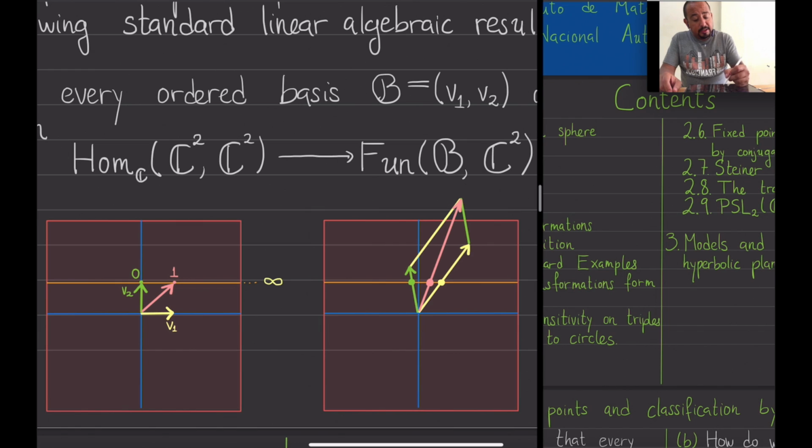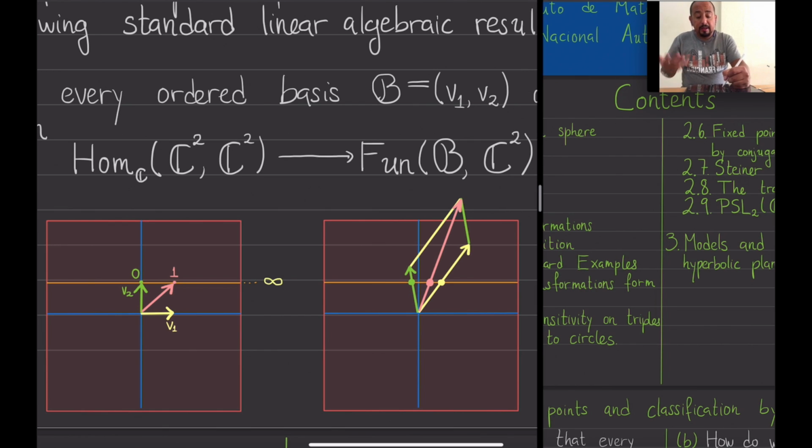So I imagine that I decide that V1 goes to this vector. That's the behavior I want of the linear map, and that V2 goes to this vector, so that's the behavior I want of the linear map. Then, of course, everything is decided, right? Because then what I'm saying is that I want this element, which is the 0 of C bar, to go here.